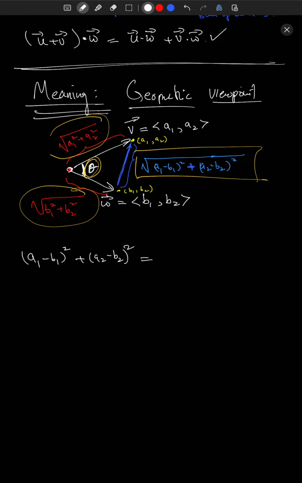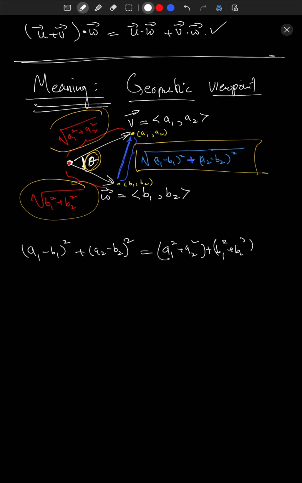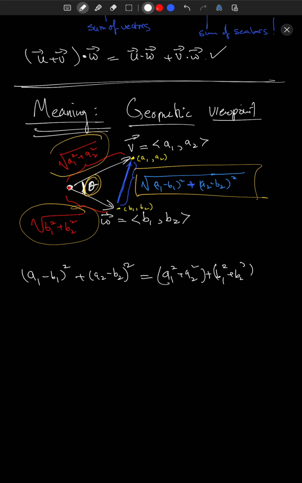So again, the square root goes away: a1 squared plus a2 squared. And then the second one, b1 squared plus b2 squared. Let me put parentheses like this. Let me give these some names to relate it more to the law of cosines we talked about in the past.